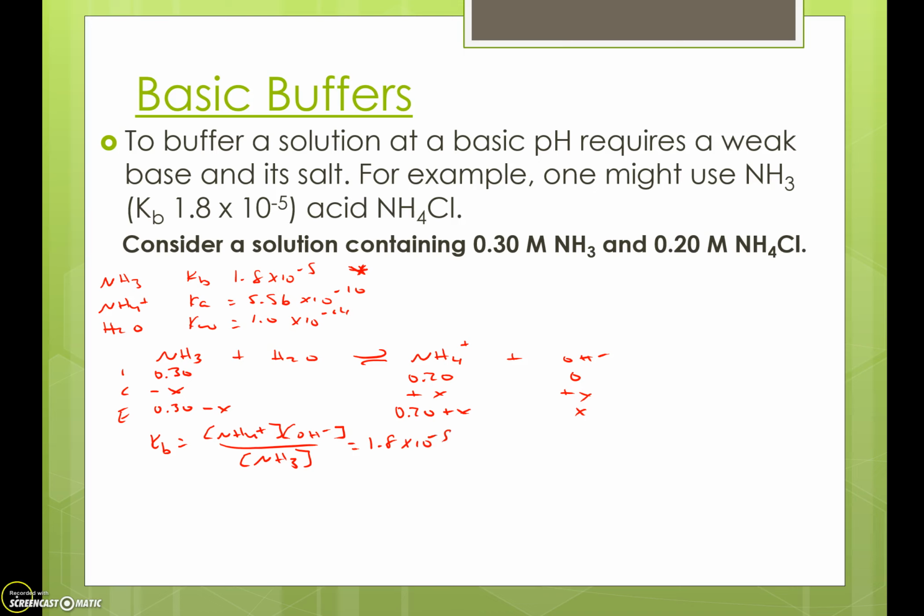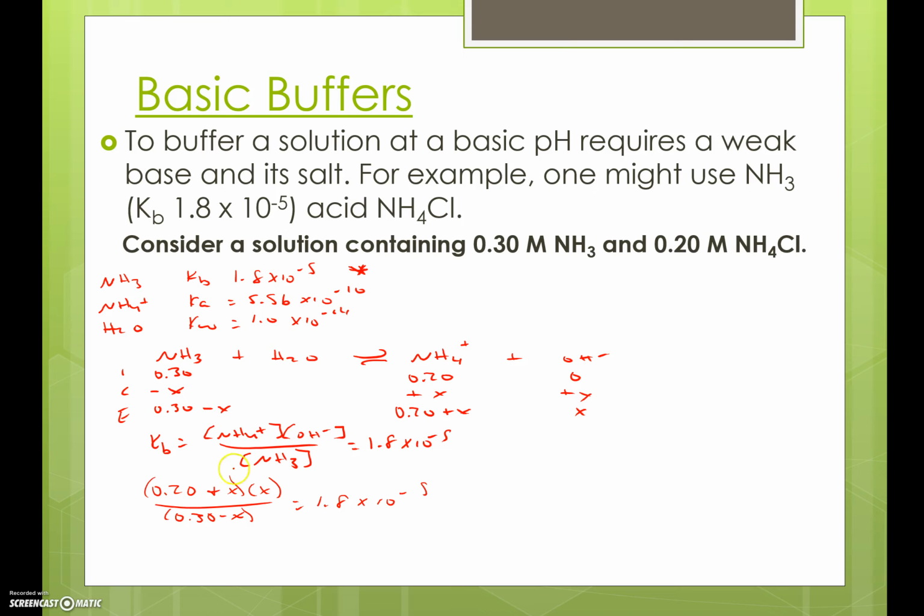So we'll plug in our values. We get 0.20 plus X times X over 0.30 minus X equals 1.8 times 10 to the minus 5.